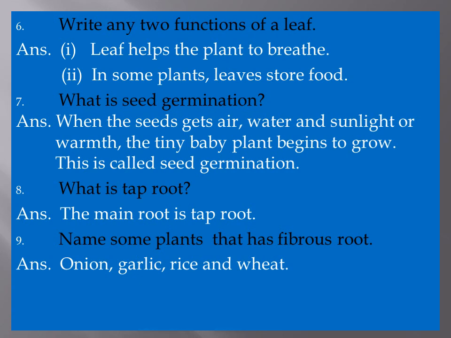Seventh question. What is seed germination? The answer is when the seed gets air, water and sunlight or warmth, the tiny baby plant begins to grow. This is called seed germination.